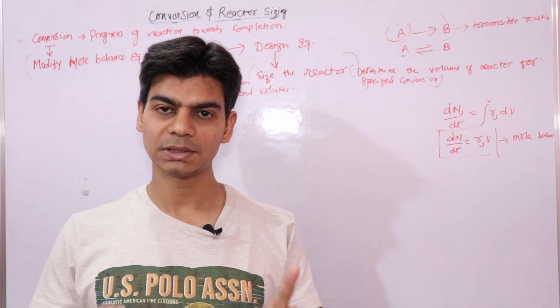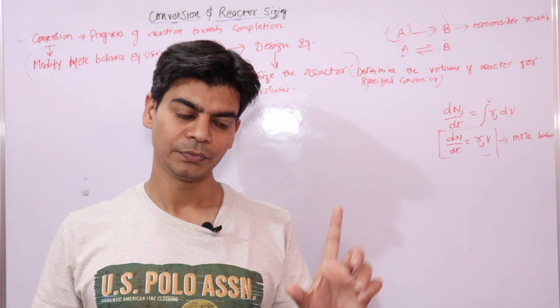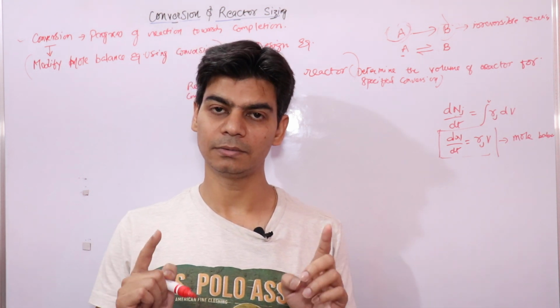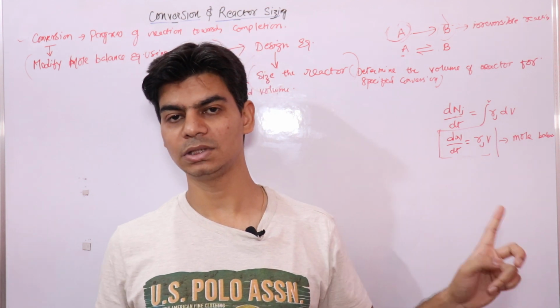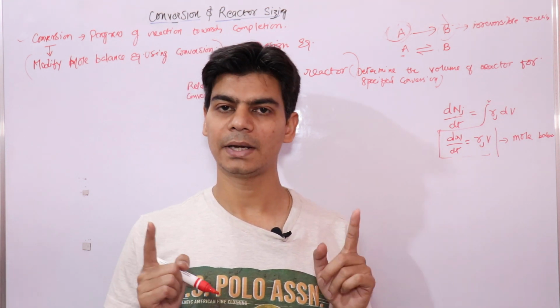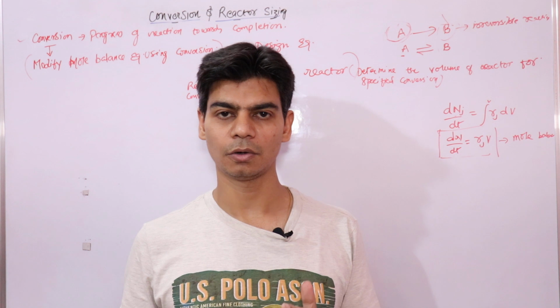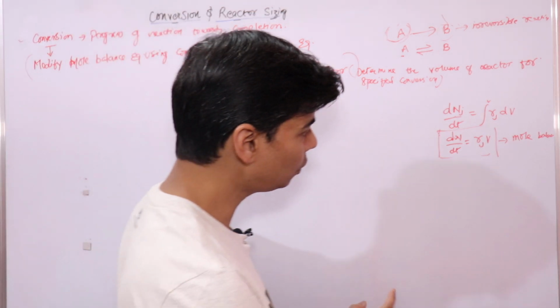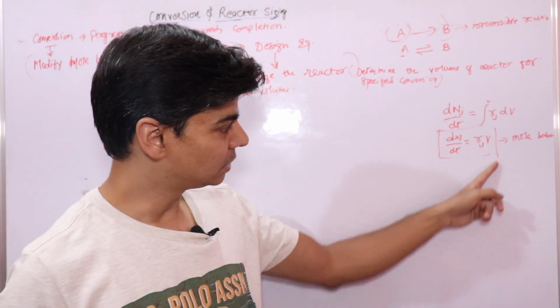When we say volume, it's the size of the reactor, to convert specified amount of reactants into products, right? If you want, you can look back into my lecture where I discussed the derivation of the general mole balance equation.